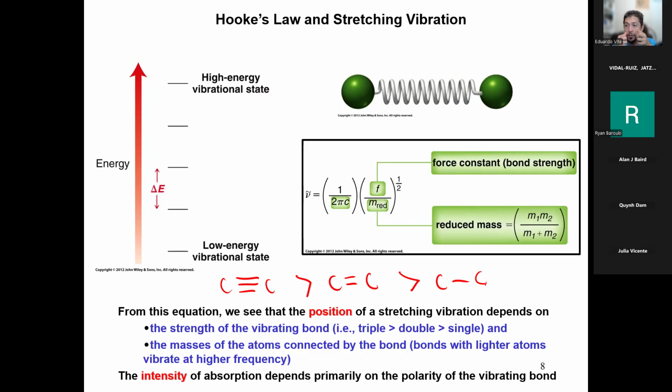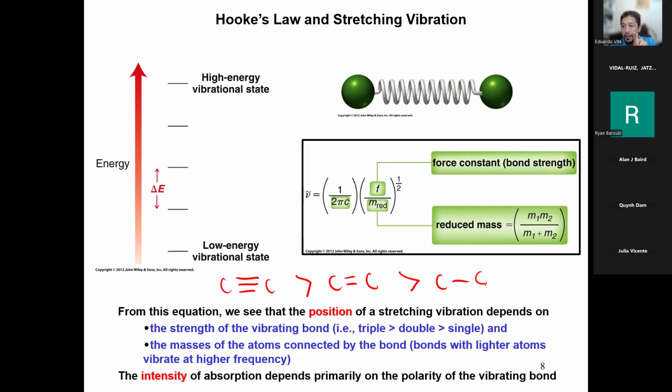And triple bonds are shorter, right? Remember from lab 1, a single bond is capable of rotating. Well, once you have a double bond, you can't really rotate it anymore without breaking it. It's a lot more stiff, it's shorter. If you have a triple bond, you have a really short, stiff, strong bond. That wave number is going to be higher. You're going to see that closer to the larger numbers.